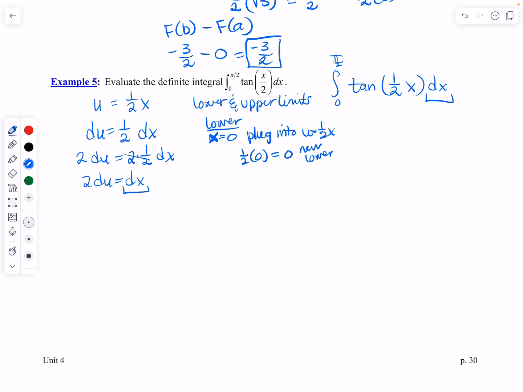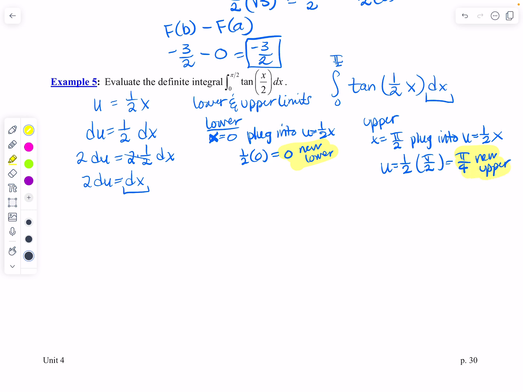So the lower limit didn't change, it's still 0, but it's in terms of u now. And the upper one is x equals pi over 2. So we're going to plug that into u equals 1/2 x. So u equals 1/2 times pi over 2. This becomes pi over 4. So that's the new upper.